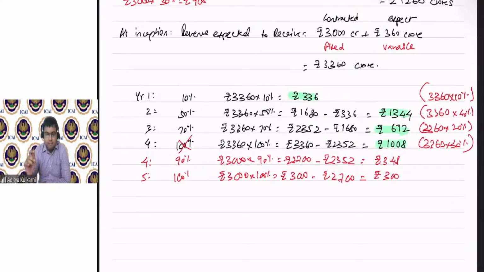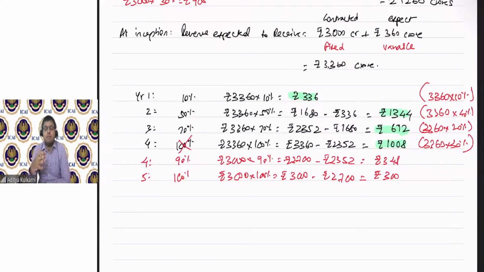So in our example, I feel that I'm going to complete the contract within a span of 4 years. I don't need 5 years. That means you will be completing 12 months prior to your scheduled completion date. So you believe that 360 crores is the bonus that you are definitely going to get.